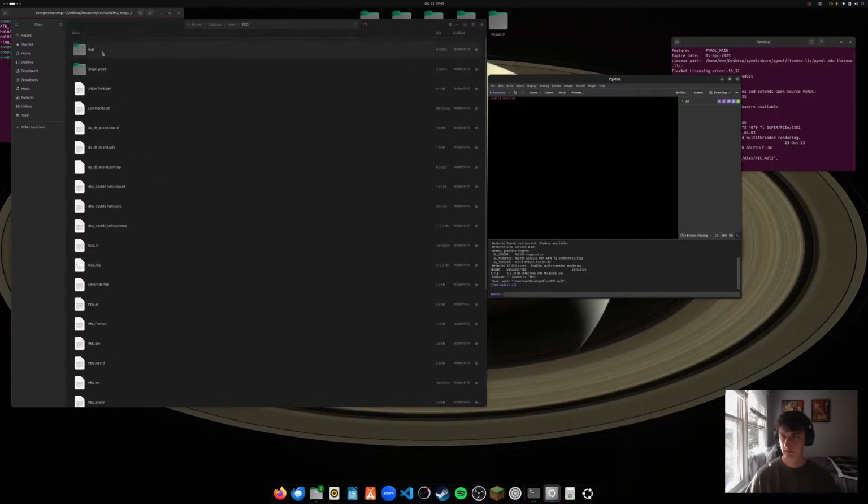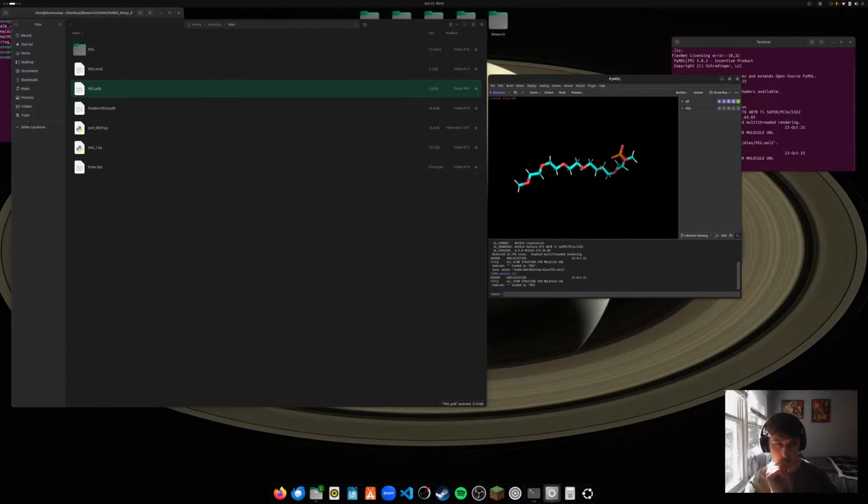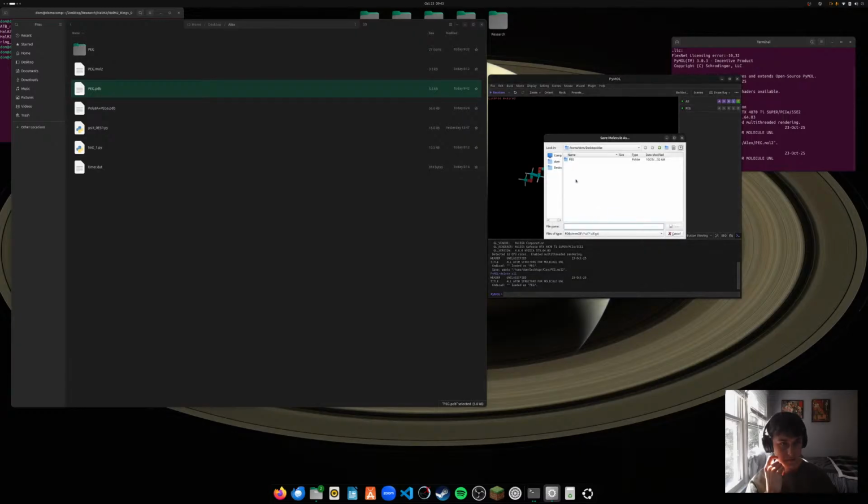PDB, where is it? PEG.mol2. Looks like that. File, export structure, export molecule. Save.